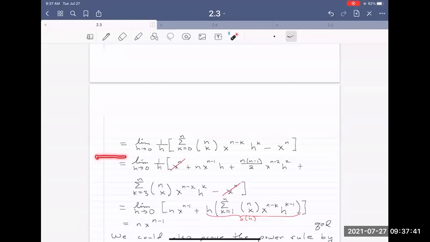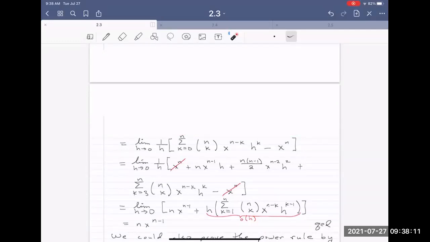So this is equal to the limit as h approaches 0 of 1 over h times the quantity sum k equaling 0 to n, n choose k, x to the n minus k, h to the k, minus x to the n.